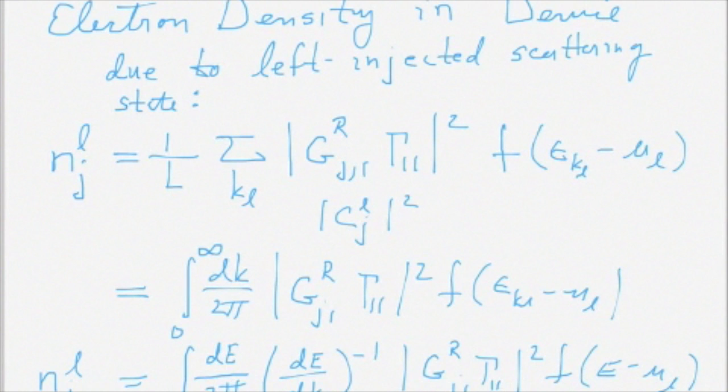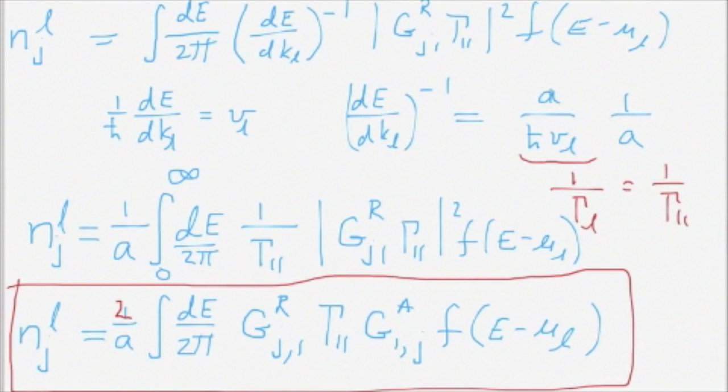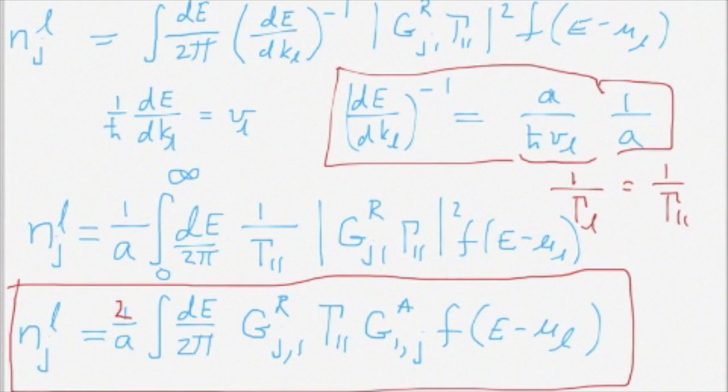And that dE/dk inverse is like 1 over velocity, which is going to turn into a gamma. Right? So this dE/dk inverse is exactly this. I multiplied through and divided through by a, and that's just 1 over gamma times 1 over a.